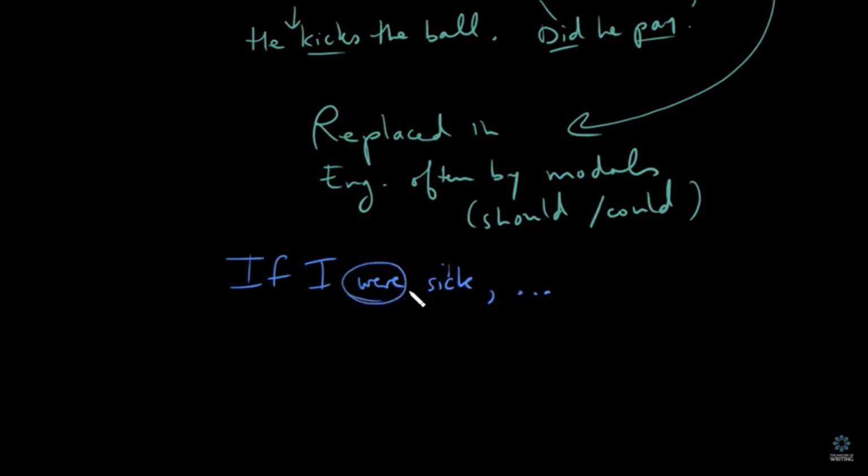But if you start with I, if I were sick, then where is the subjunctive? It's not was. Was would be indicative, but it's were. It's a hypothetical statement. If this were the case.